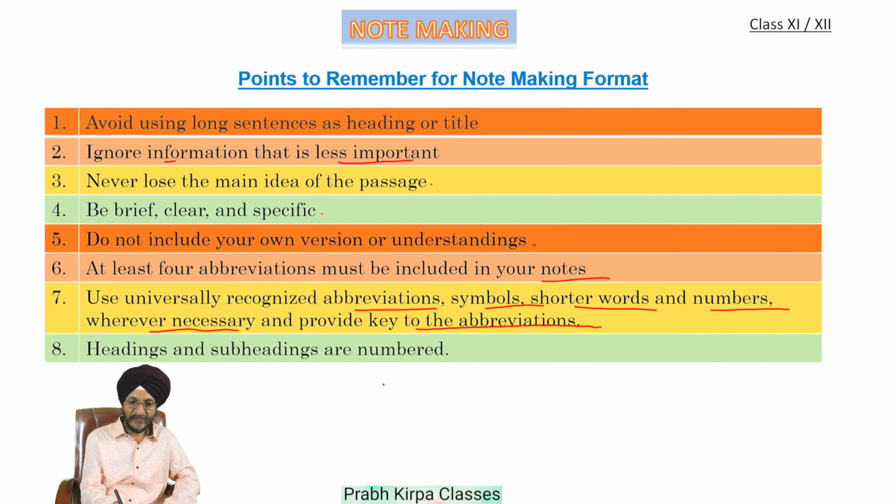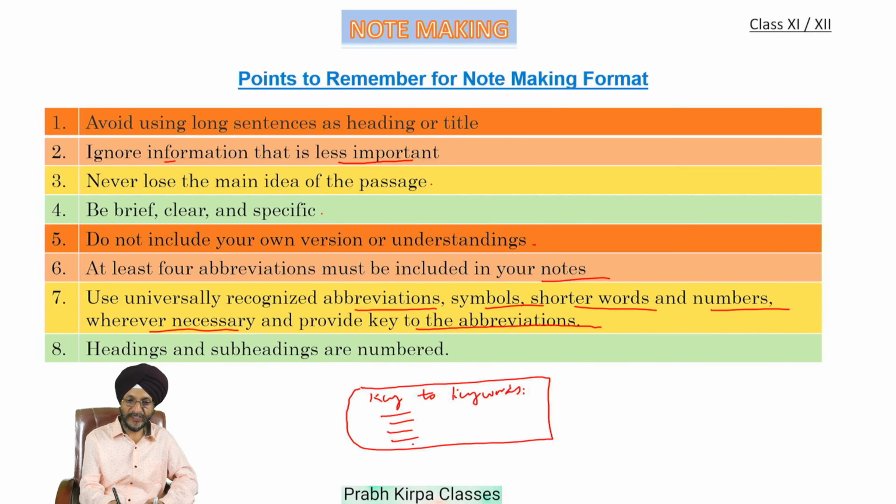As already mentioned, after you have written the heading, subheading, and sub-subheading, you have to make a box mentioning the key to every keyword used in the examination note making, at least 4. Further, headings and subheadings are to be numbered.